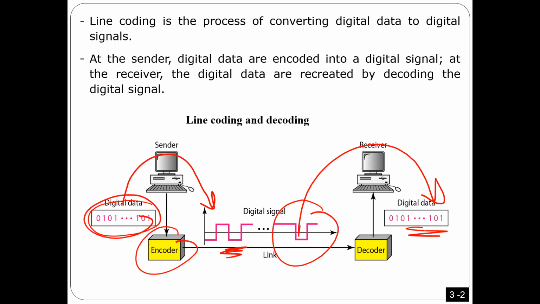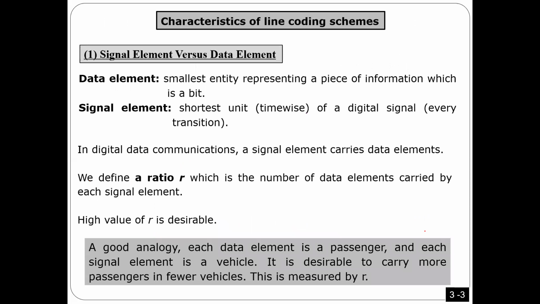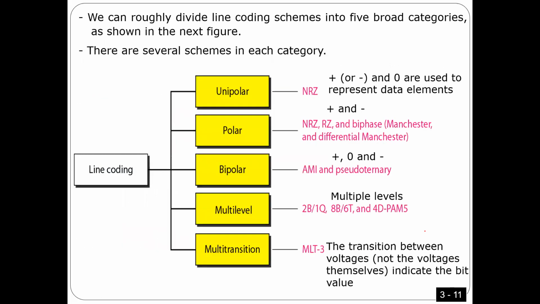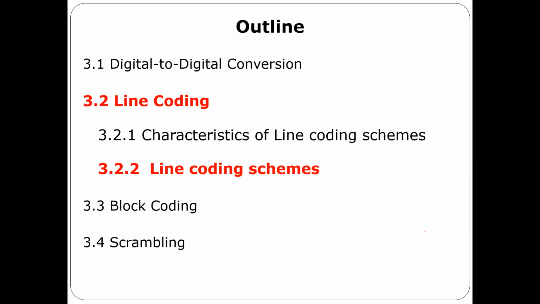Number one, I explained how you can tell if an encoder is good or bad, or how the perfect encoder should look. Also, I explained different approaches: unipolar, polar, bipolar, Manchester, differential Manchester, and multi-level, so there are different ideas to do that.